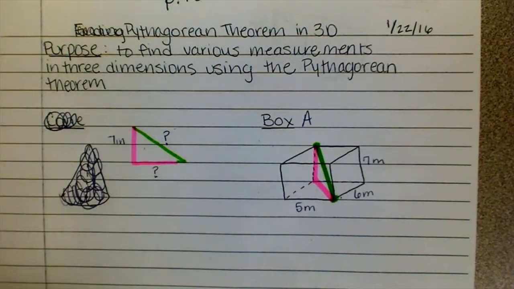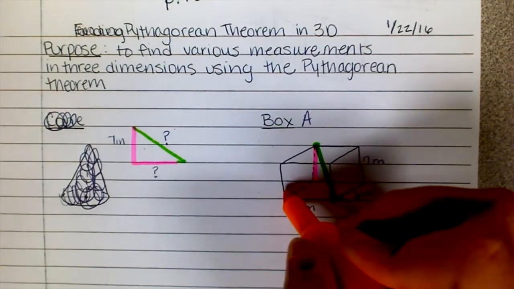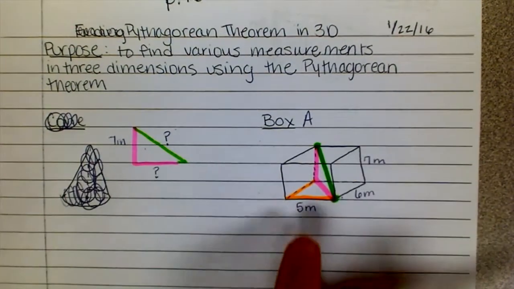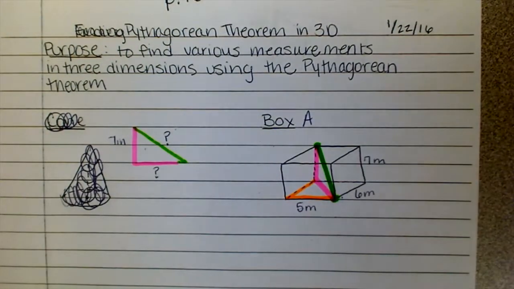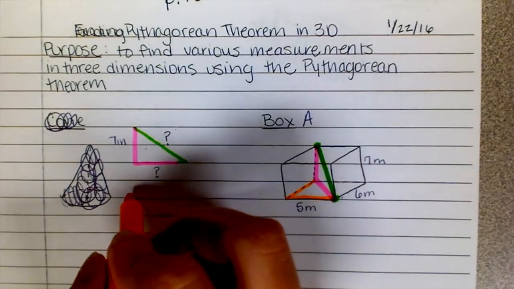So that's when we have to find a second right triangle. And when you look at this right triangle from the top, it looks like this.